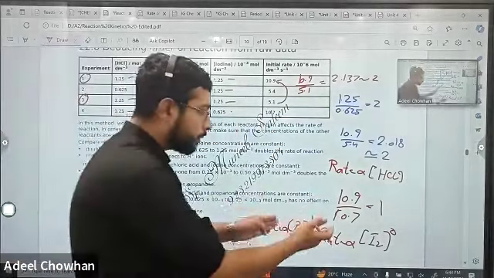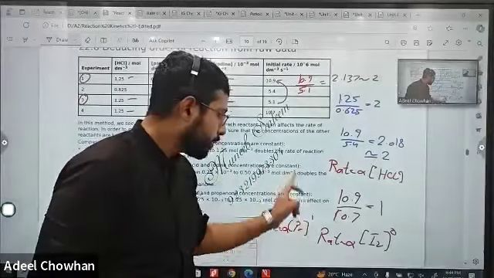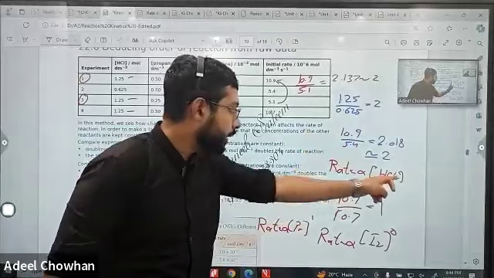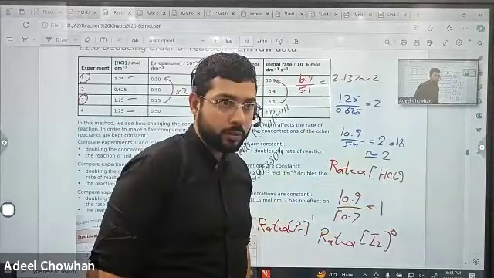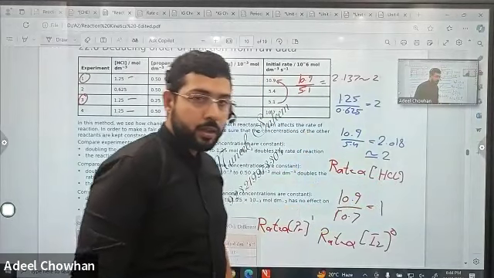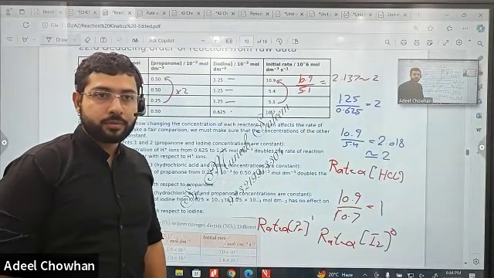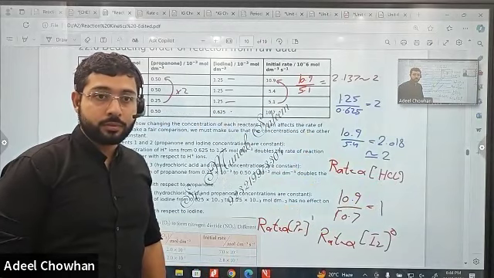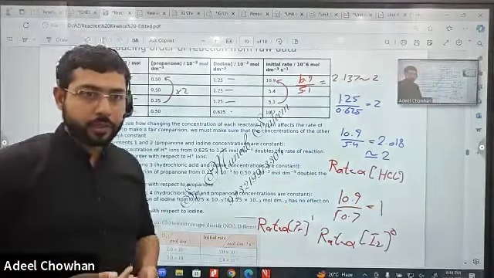So now we have calculated the orders of all the 3 reactants. First order with respect to propanone, first order with respect to HCl, and 0 order with respect to iodine. So my next question is, what is the overall order of the reaction? 2. Because you have to combine all the reactants here.